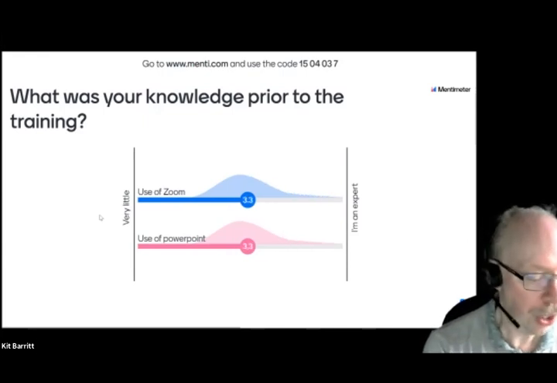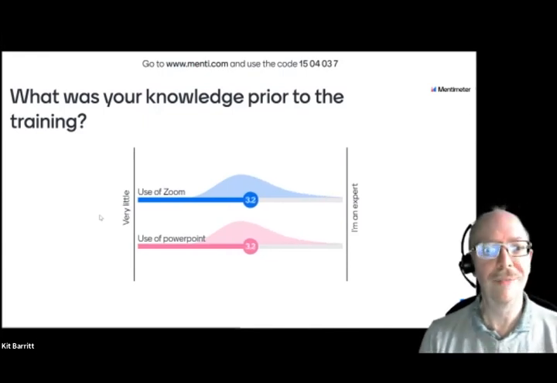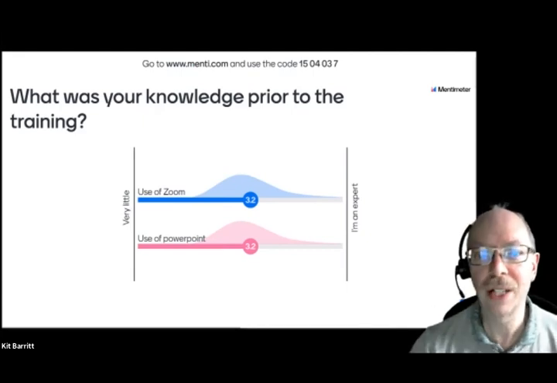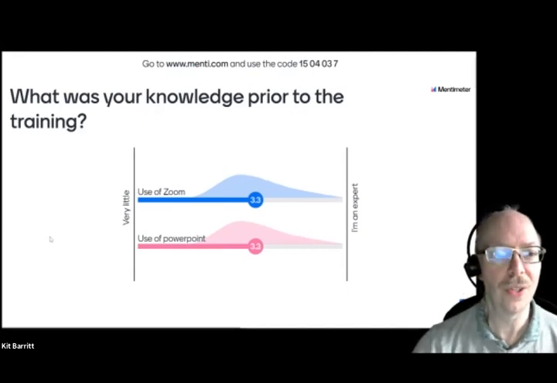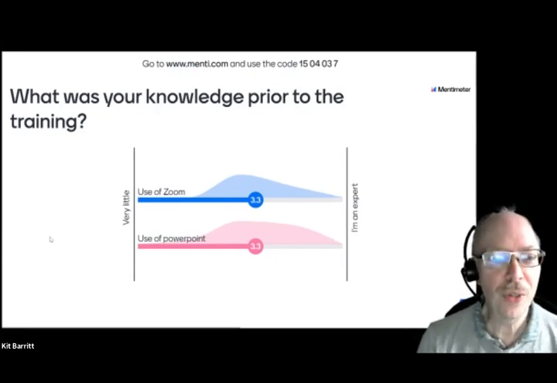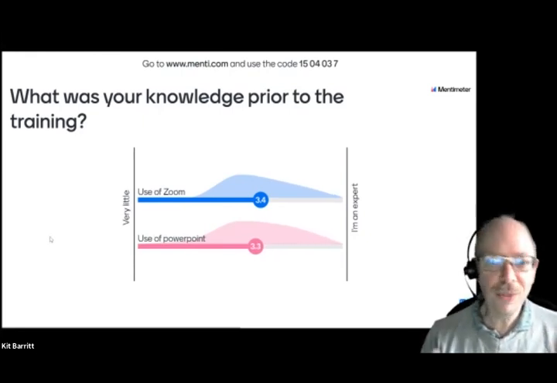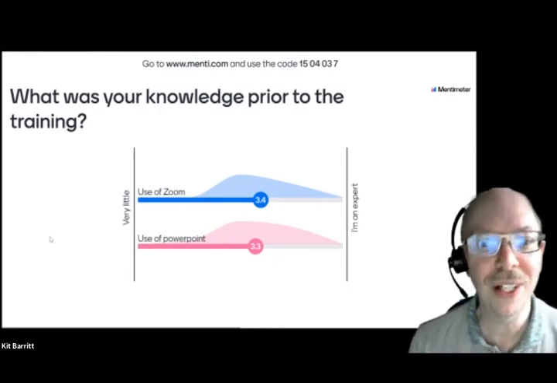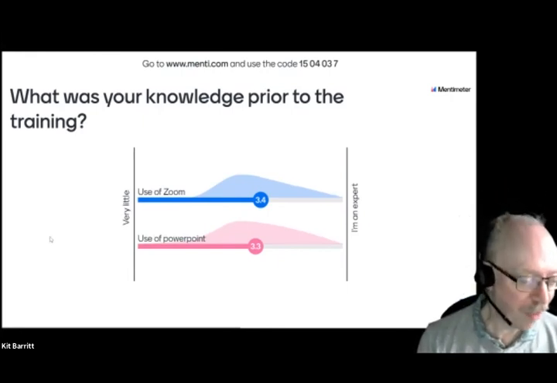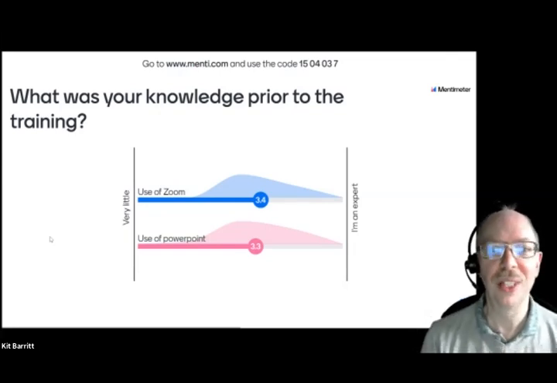And you should all be seeing on the screen the aggregate of those scores. So we've got 3.3 and 3.4 in the use of Zoom. So we're kind of halfway between having very little knowledge and being an expert. Well, somebody might be claiming to be an expert, but on average, we're around that.